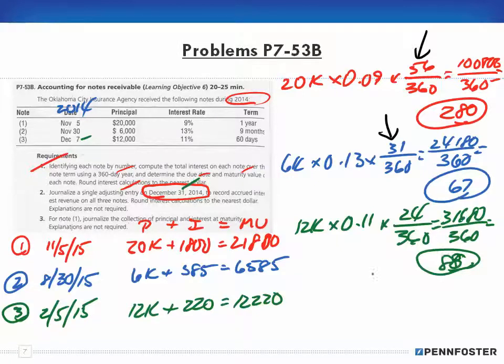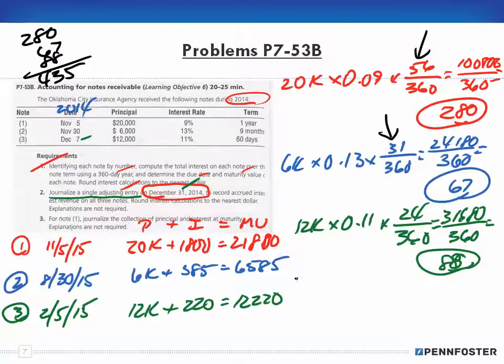Okay, so I need to make a journal entry because it says here, journalize a single adjusting journal entry for this accrued interest. So I have 280 plus 67 plus 88, which gives me a total of $435 in interest.